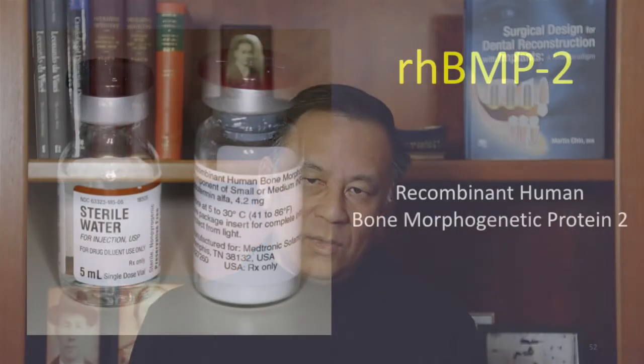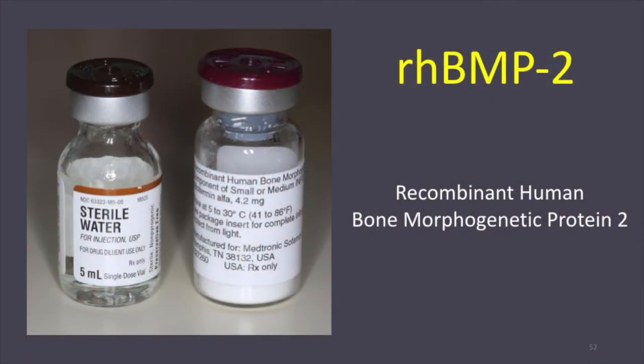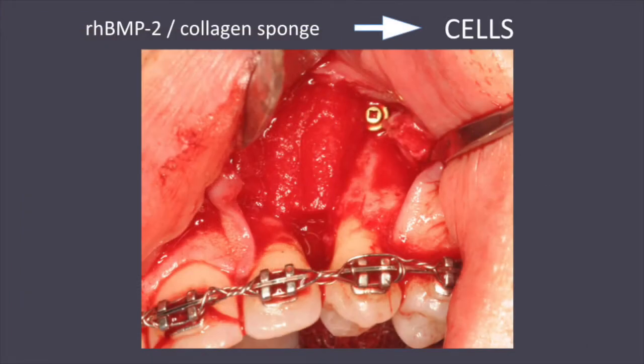In this situation, I am going to increase the population of cells in that site using a bone morphogenetic protein device. This is recombinant human bone morphogenetic protein 2. This material has the ability to chemotactically attract cells into the site to increase the cellular population.